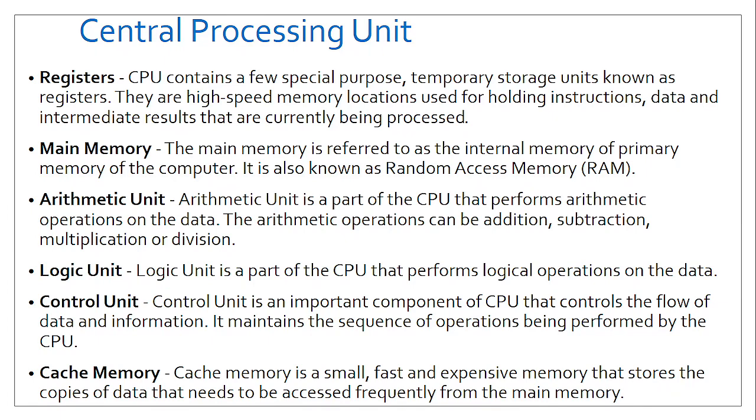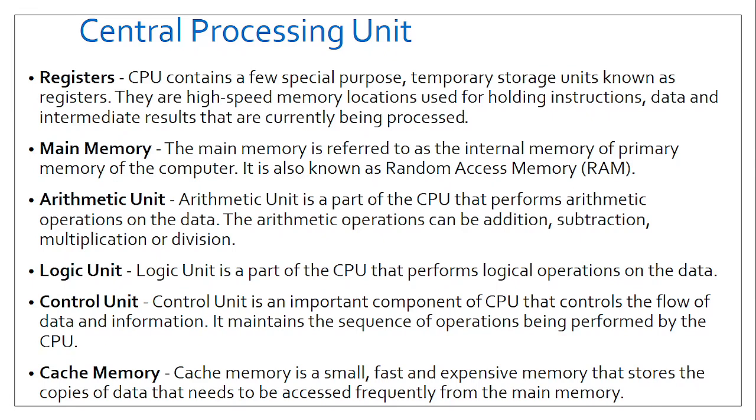The part of the CPU that is tasked to perform operations such as addition, subtraction, multiplication, division, is known as the AU, arithmetic unit, right? And we have also the logic unit. Logic unit, as the name suggests, is tasked to perform logical operations, such as comparison, yeah, greater than, less than.